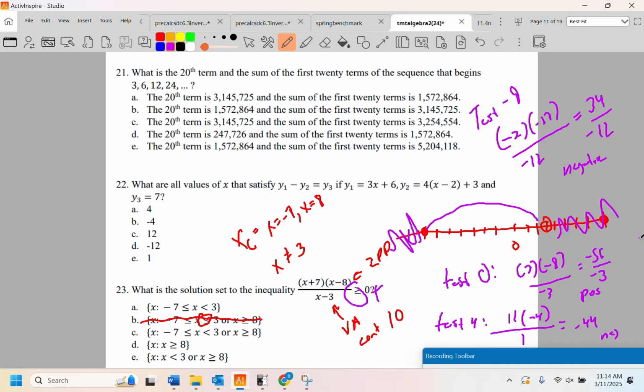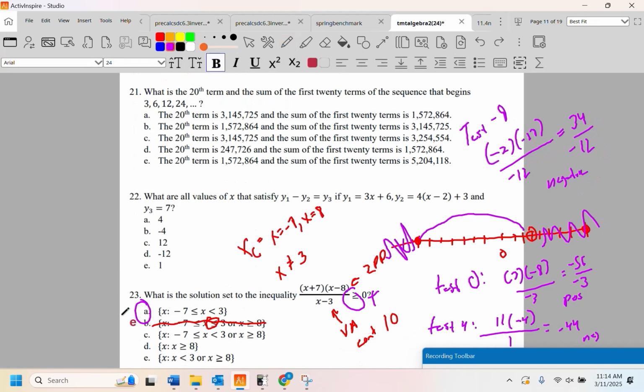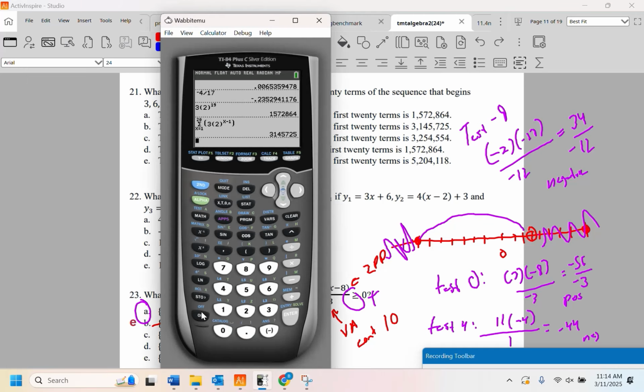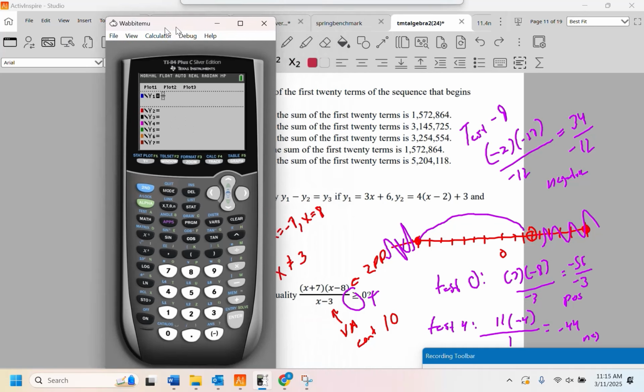The only thing I can state is that I was stuck between -7 and 3. Now, the easiest way to do this is by looking at a graph. And hopefully, after you've seen me do the boring algebra, it'll make sense. So math, num, n over d. I then forgot what the equation was.